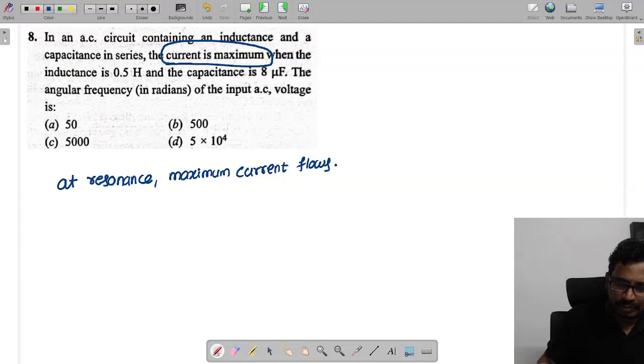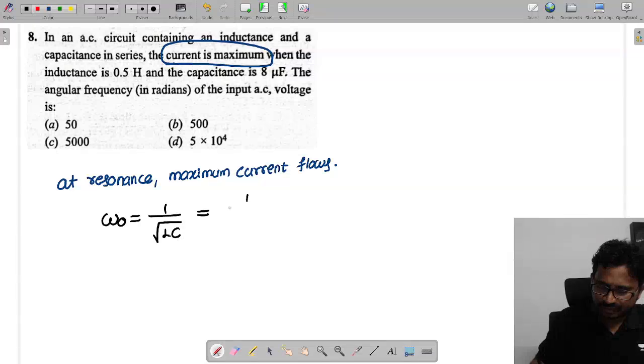Now, angular frequency, this is omega naught, which is equal to 1 by square root of LC, the resonant frequency. So that is 1 by square root of L value, 0.5 means 1 by 2, and this 8 into 10 power minus 6.